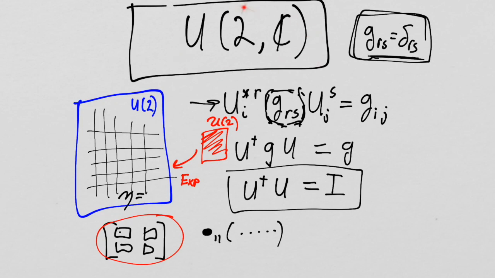We started by looking at the 2x2 unitary matrices, which we understood as preserving this metric. We went back to our classical group study. We know what metric we're interested in: the unit metric. That gave us the fact that every member of this group obeyed this rule, that the conjugate transpose times the matrix itself was the identity.